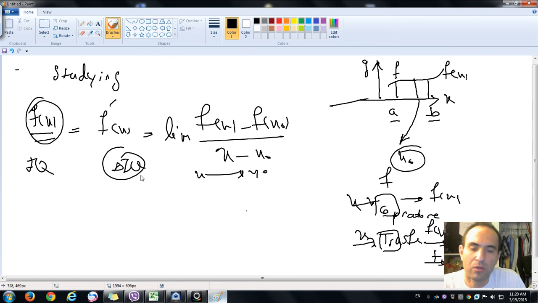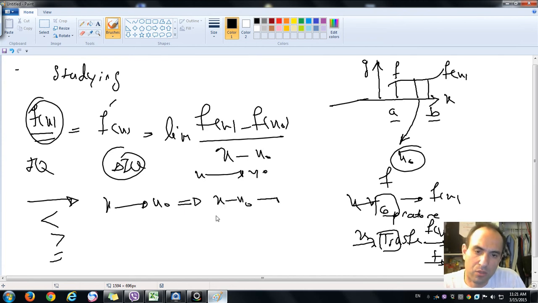And the very important thing is, when x travels to x0, you can conclude that x minus x0 travels to 0, and you can call it h.